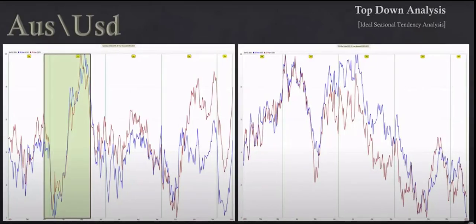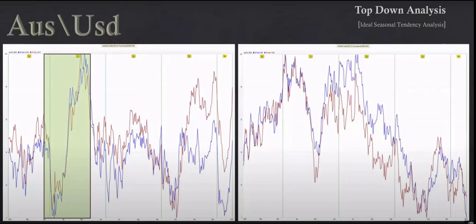You see here on the Australian dollar the strongest seasonal tendency, in contrast to that of the dollar index on the right. The shaded area shows the strongest tendency for Australian dollar futures prices to rally in March and make a top sometime in May.